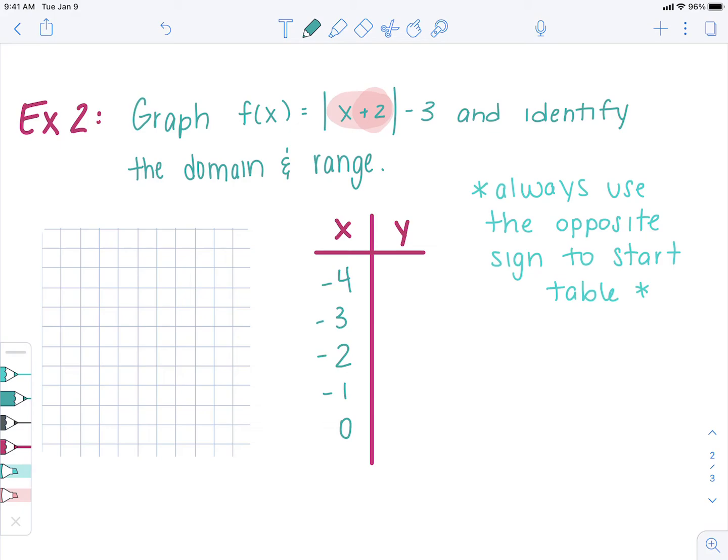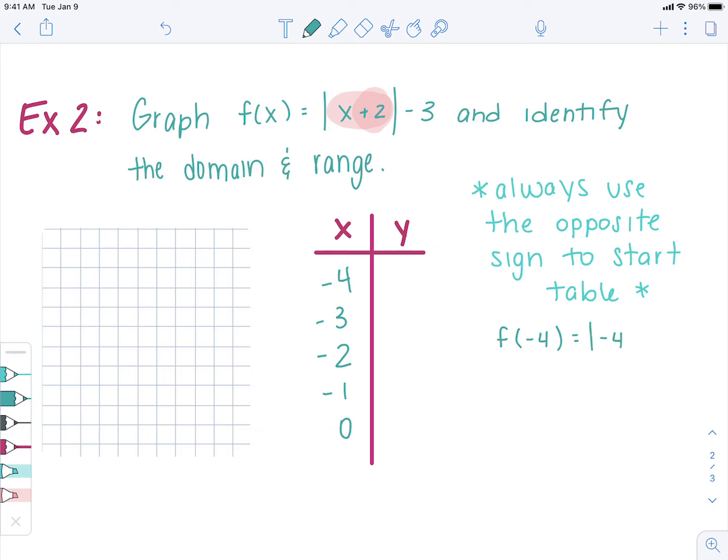What happens if I plug in -4? I have to do the operations first. Because this equation is a little bit longer, I'm going to do my operations off to the side and then just put my answer in so that my table doesn't get hard to read. So I'm plugging in f of -4, just like I did in the do now.